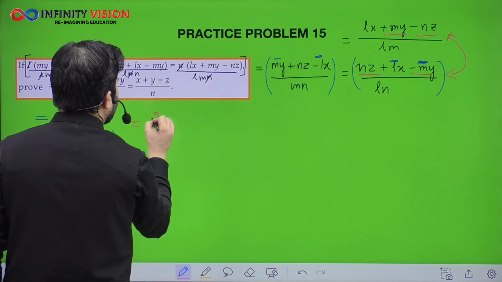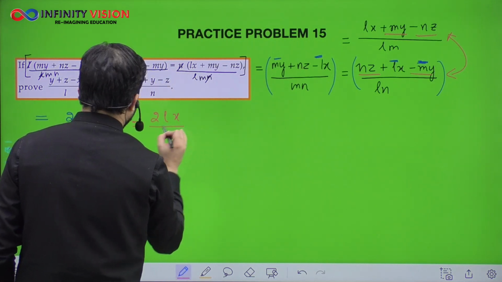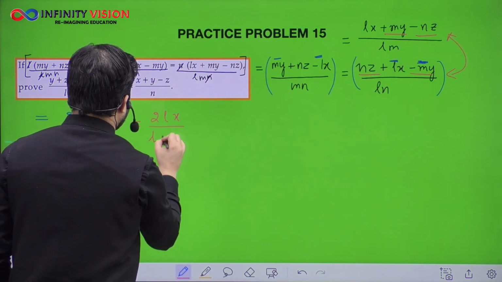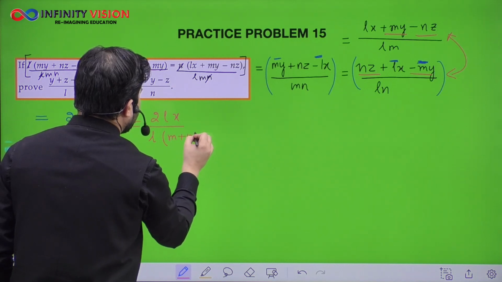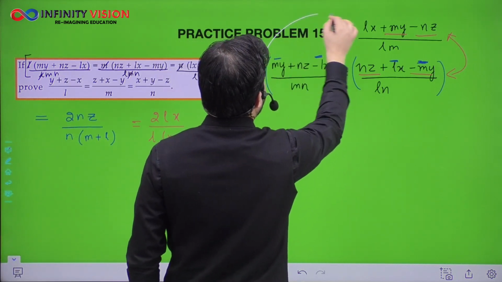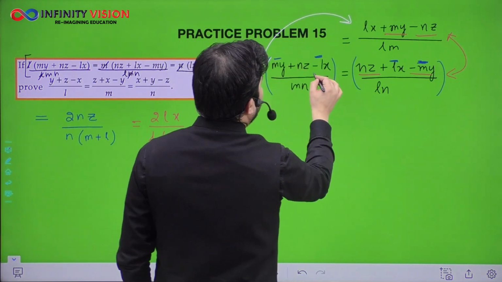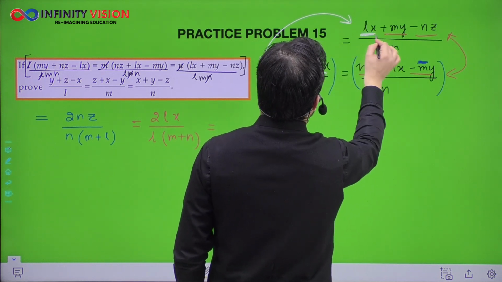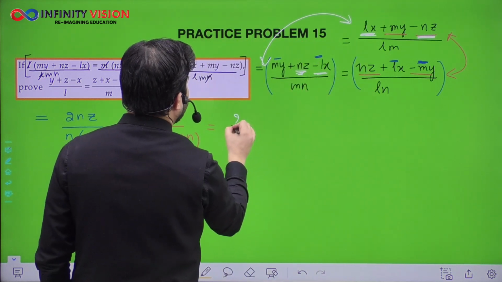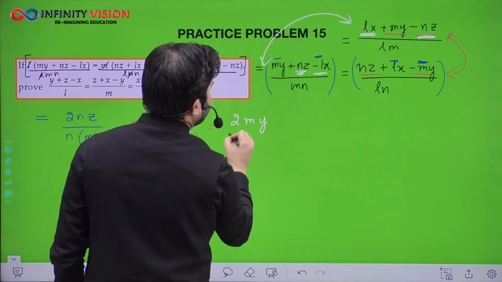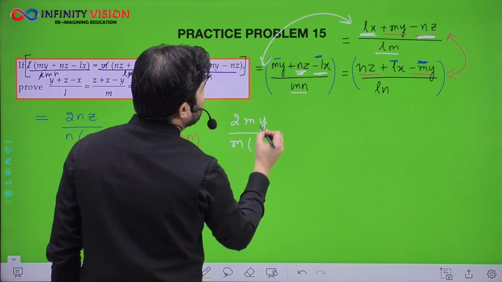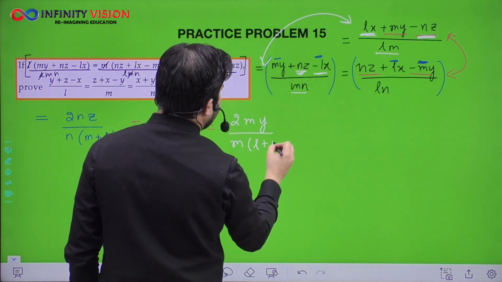You would be getting 2Lx upon, you have Ln and Lm, so L will be common and we'll get M plus N. And the third guy, if you take care of these two ratios, so minus Lx will cancel Lx and minus Nz will cancel Nz, and you would be getting twice of My upon Mn and Lm, M being common, you will be settled down with L plus N.